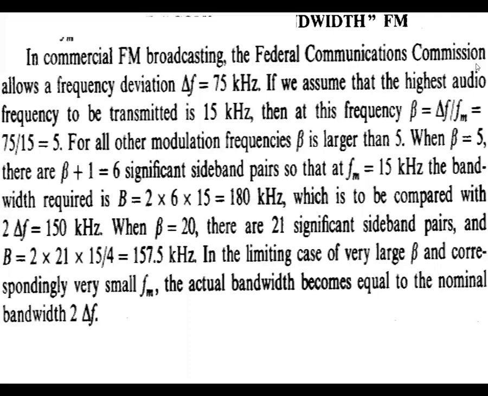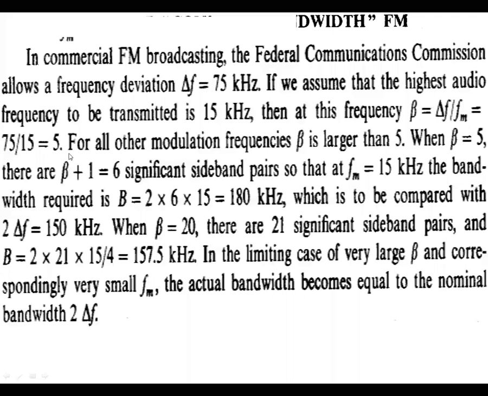If you assume that the highest modulating signal frequency fm is 15 kHz and delta f is 75 kHz, then at this frequency, what is beta? Beta is equal to delta f by fm, which is 75 by 15, that is 5. Beta is equal to 5.